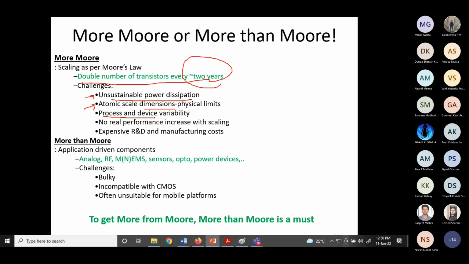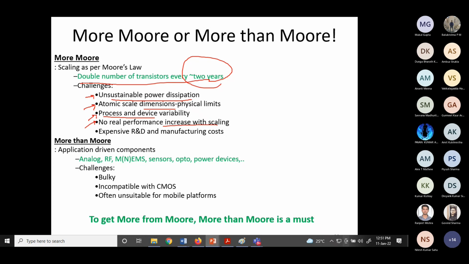And as we keep on reducing the size, we will see that no real performance increase we ultimately get. I mean, initially it was okay, for the last 2 3 decades it has been excellent, right? But ultimately now we are not getting enough, we are not getting value for money, okay.